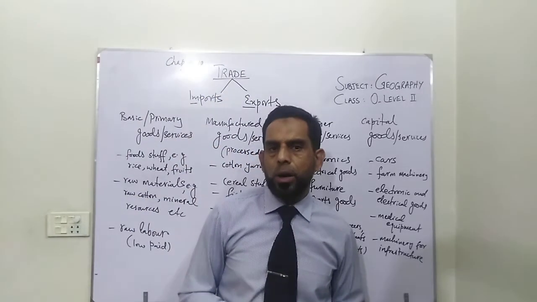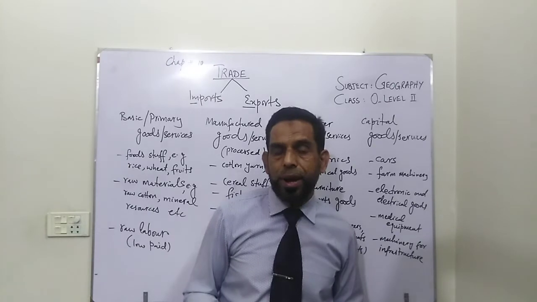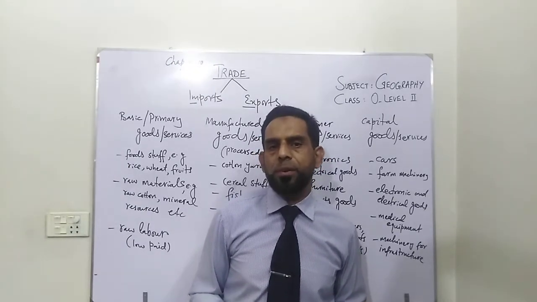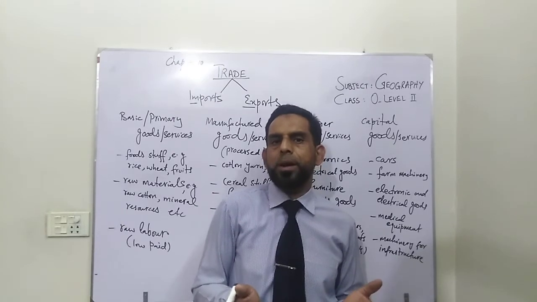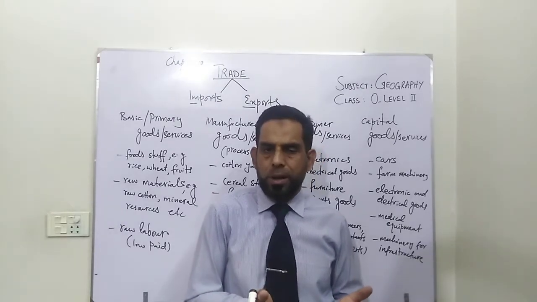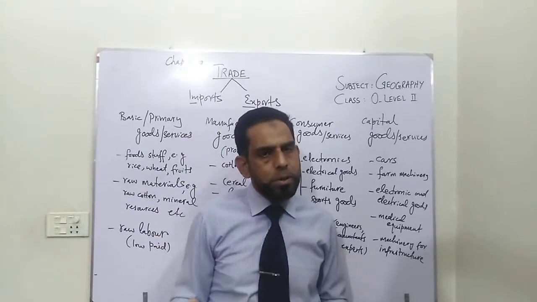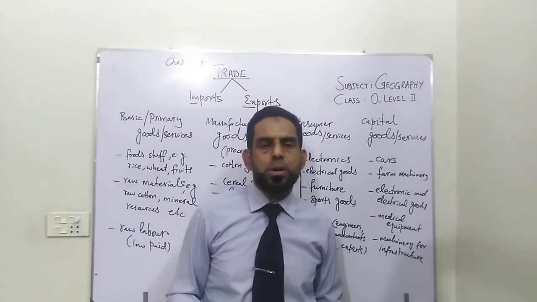Earlier, most of our trade was based on primary goods, with more than 57% of trade comprising basic goods, and about 43% processed or manufactured goods.